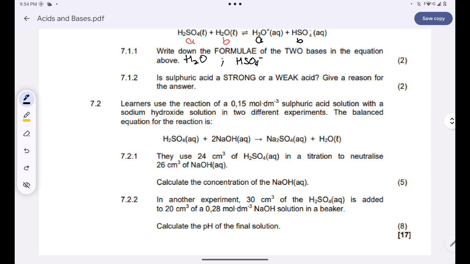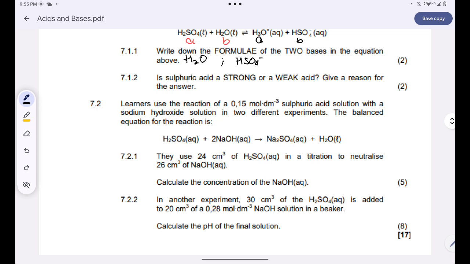In the first reaction, they use 24 cubic centimeters of the acid in a titration to neutralize 26 cubic centimeters of the base. Calculate the concentration of the sodium hydroxide.